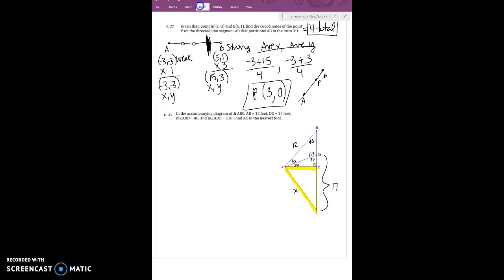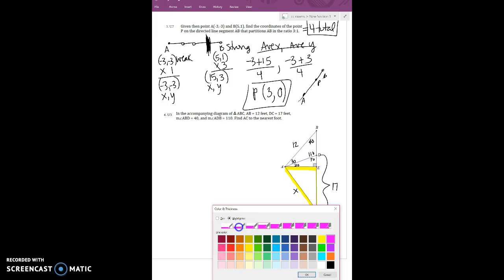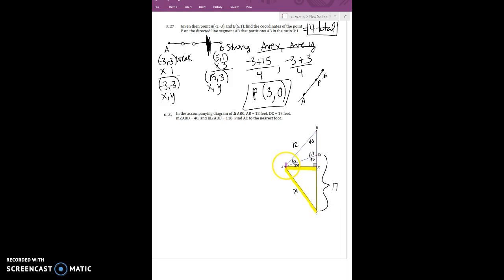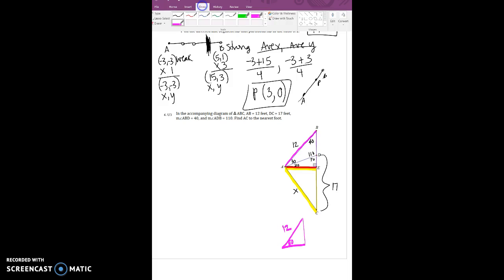So again, it does help when you redraw some triangles. So this guy here, I have a right triangle right here. So I'm going to pull that guy out. That's 12. This whole angle is 50. And I can find this value here.